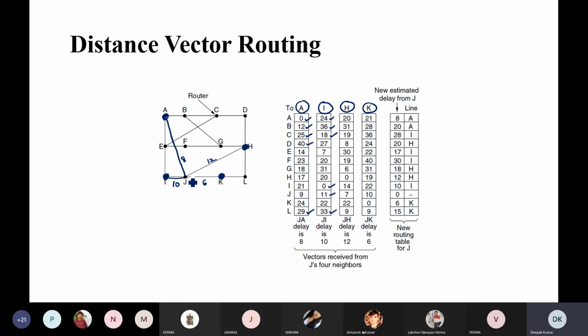So you can see the 4 nodes that we are discussing are all adjacent neighbors of J. So these 4 tables will be shared with J, and J will update its information according to the distance vectors shared by A, H, K and I. All these 4 tables will be used to update J's routing table, and that is updated here.